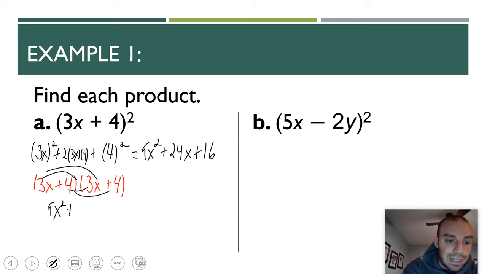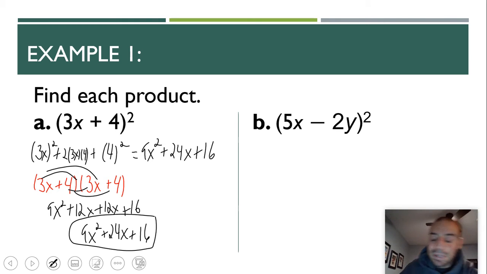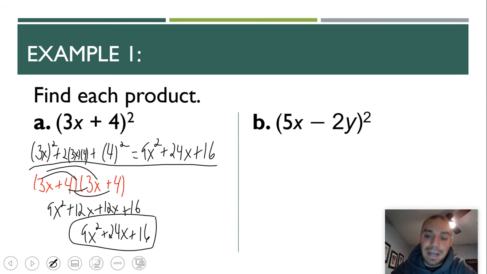You'll notice we're going to get the same thing, plus 12x. 4 times 3x is plus 12x. And then 4 times 4 is plus 16. Combine in the middle, 9x squared plus 24x plus 16. So if you're good at memorizing patterns and you think you can do it that way, go for it. If not, just use your same FOIL technique or your box method that we saw in the past.